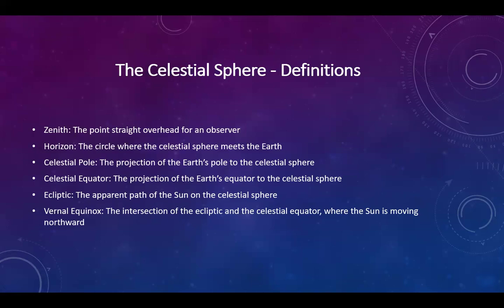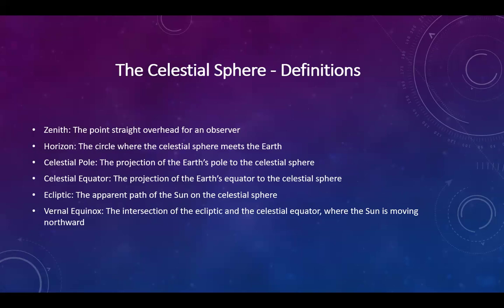The celestial pole is the projection of the Earth's pole to the celestial sphere. If we continue it out from the pole, the actual pole of the Earth that the Earth rotates around, there's an apparent pole in the celestial sphere because the Earth is rotating, so the sphere appears to be rotating. The celestial equator is the projection of the Earth's equator onto the celestial sphere.